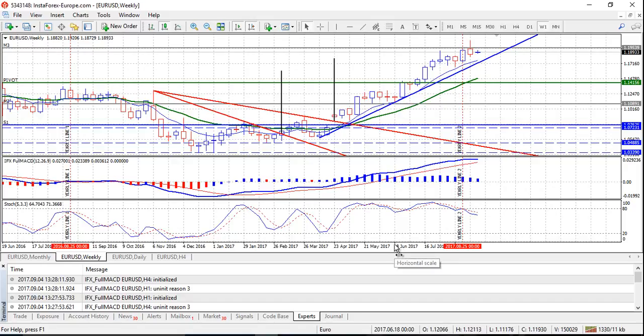If you see this mark here, this calibration, this mark tells you this is 21st May 2017. This mark also tells you this is 18th June 2017.